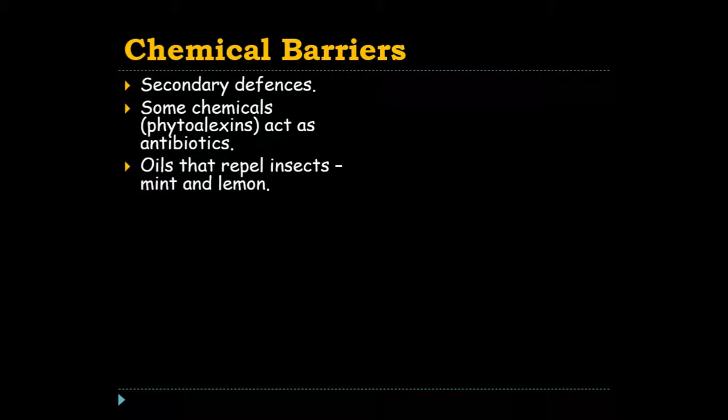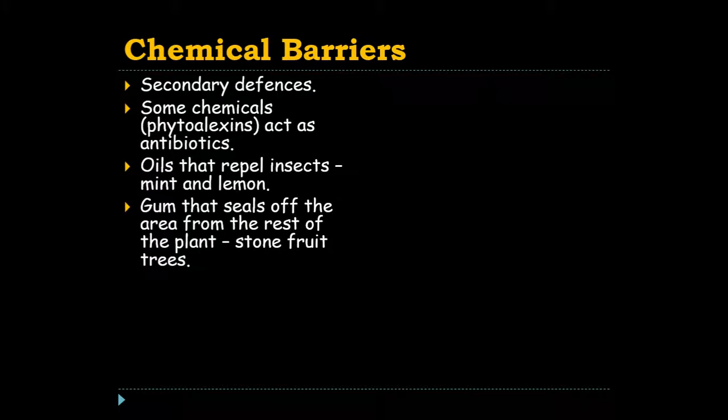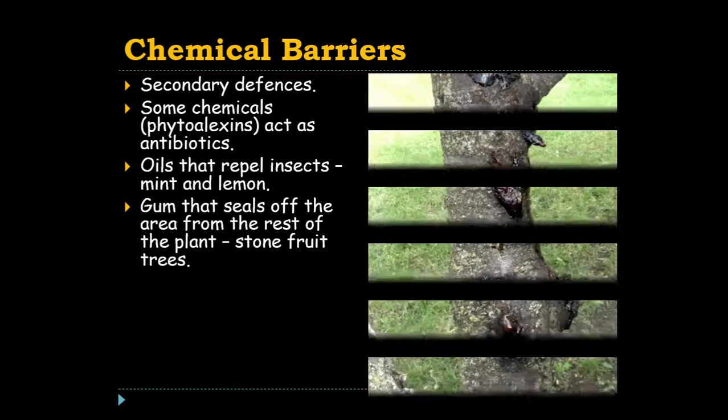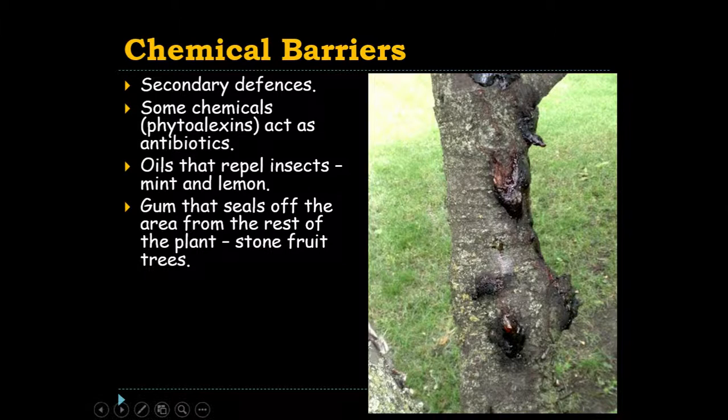Chemical barriers, so obviously not physical, they're chemical, are a second line of defense that plants might have. Different oils that repel insects, so they're not attracted to the plant, can stop different insects or pathogens from being near that plant.